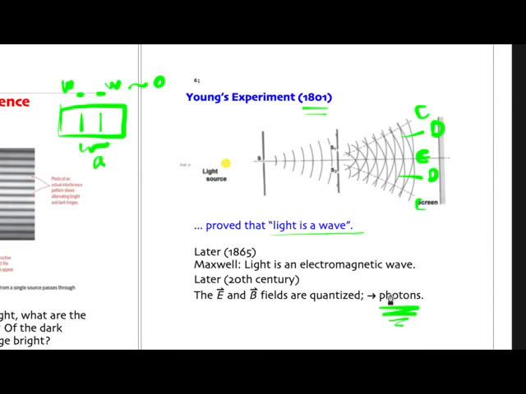So the current theory of today is that light is an excitation of quantized fields, and there are discrete little packets of energy, which we call photons.